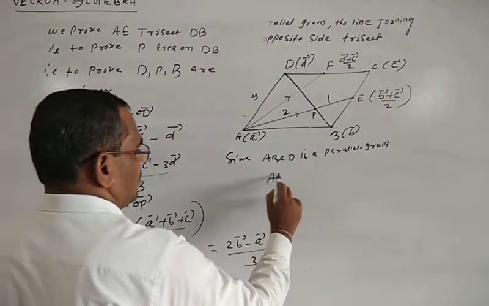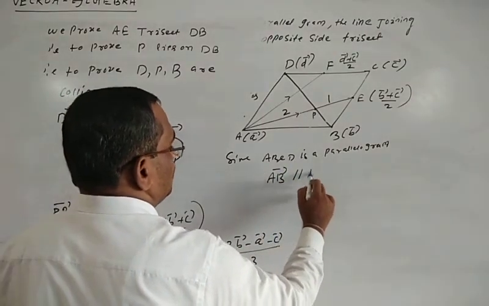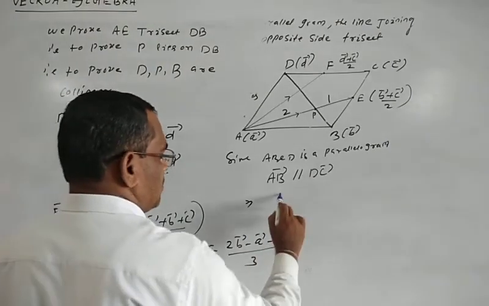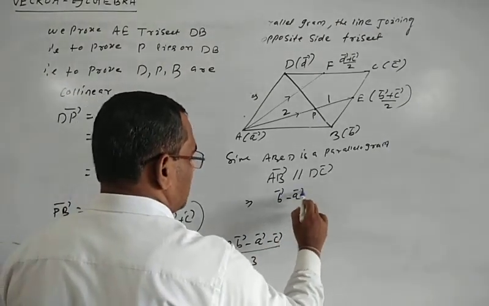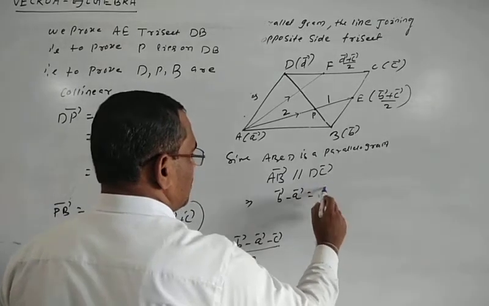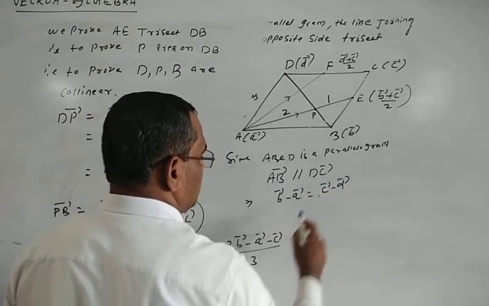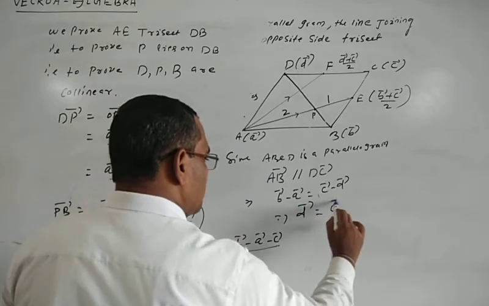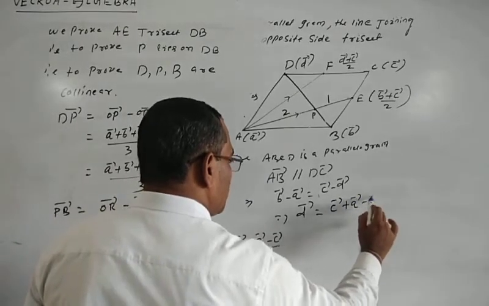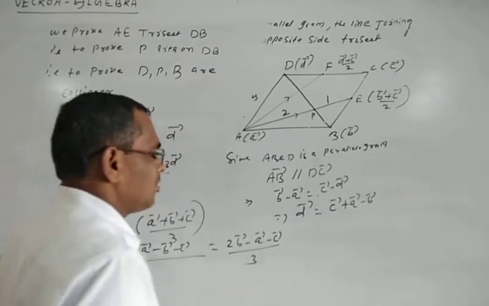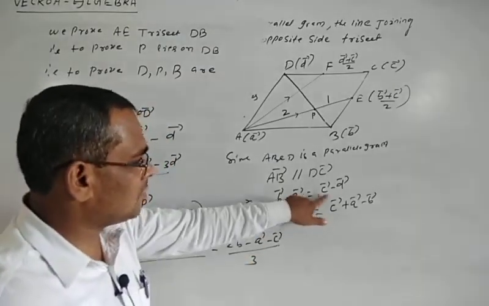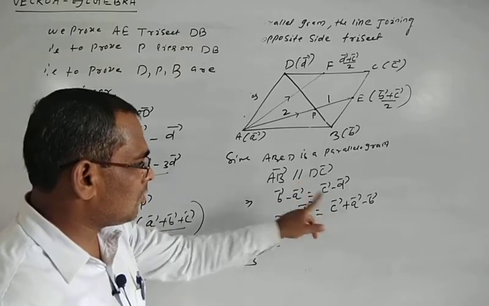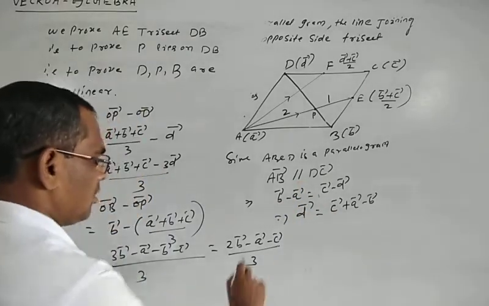AB vector is parallel to DC vector, which means B vector minus A vector equals C vector minus D vector. That implies D vector equals C vector plus A vector minus B vector.